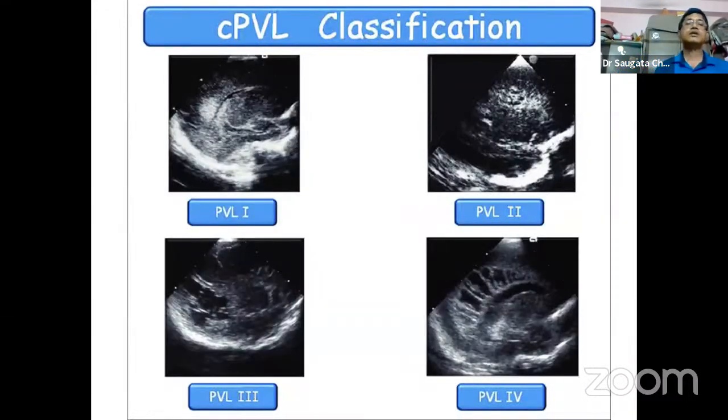Now, PVL. In PVL you can see hyperechogenicity initially for 7 days, and then the cysts come, gradually cystic dilatation appears all over. You can see PVL grades 1, 2, 3, 4. I will not go into the details of the definitions; this is the picturization.